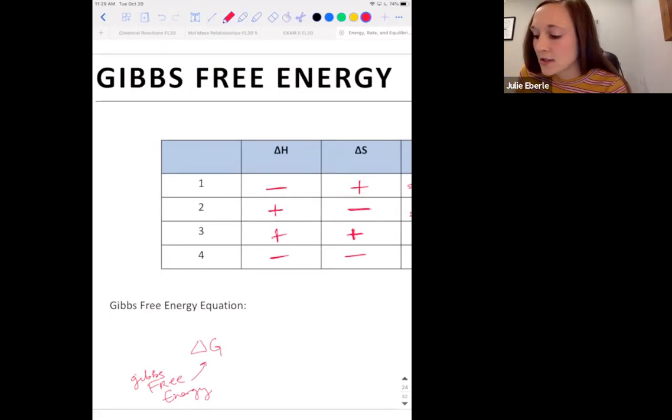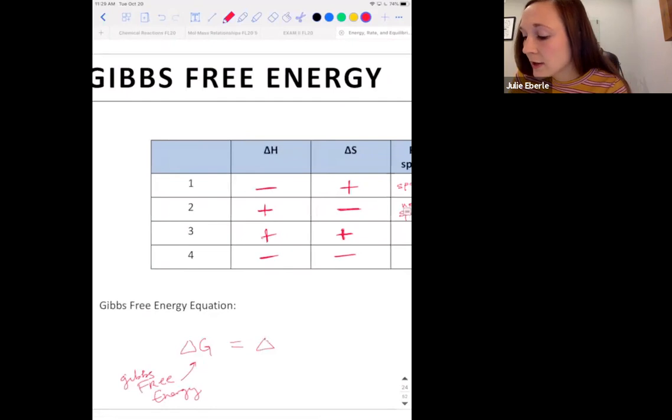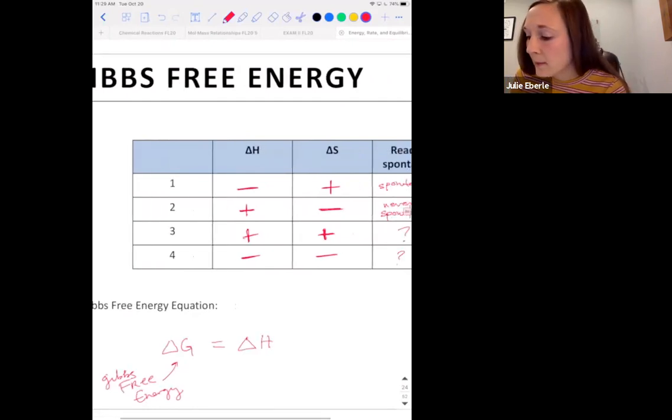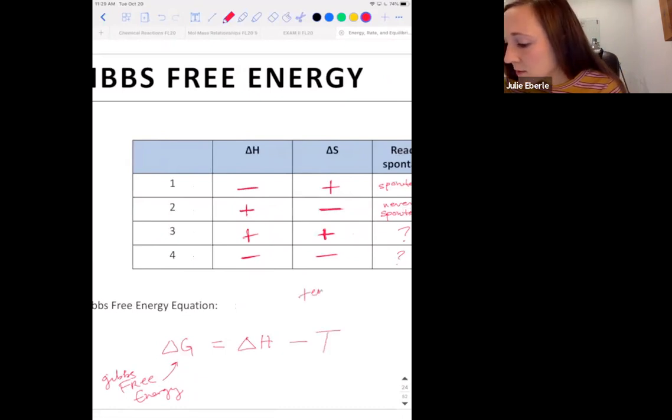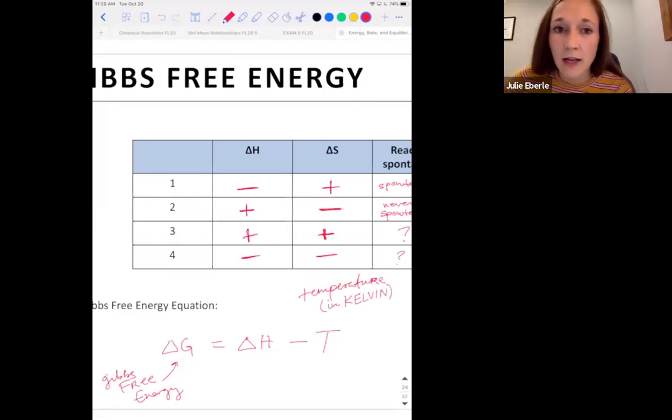And in his equation, he says delta G equals delta H, the change in enthalpy of your reaction, minus T, which is temperature. And it has to be in Kelvin, not Celsius, not Fahrenheit. It must be in Kelvin.